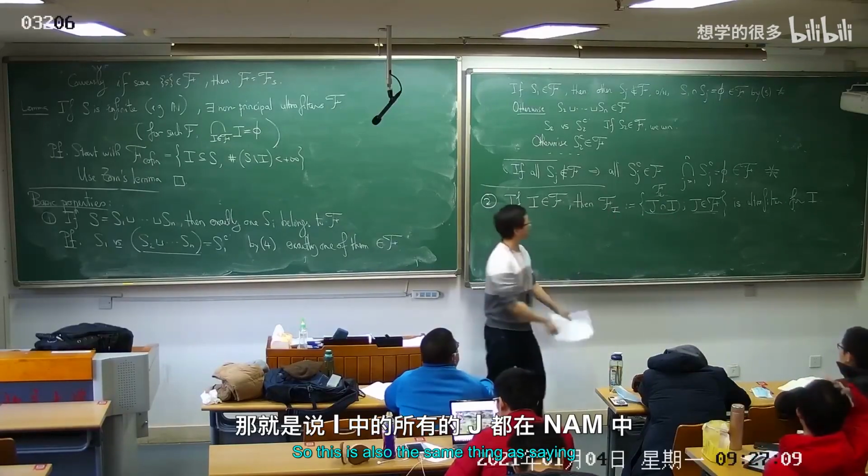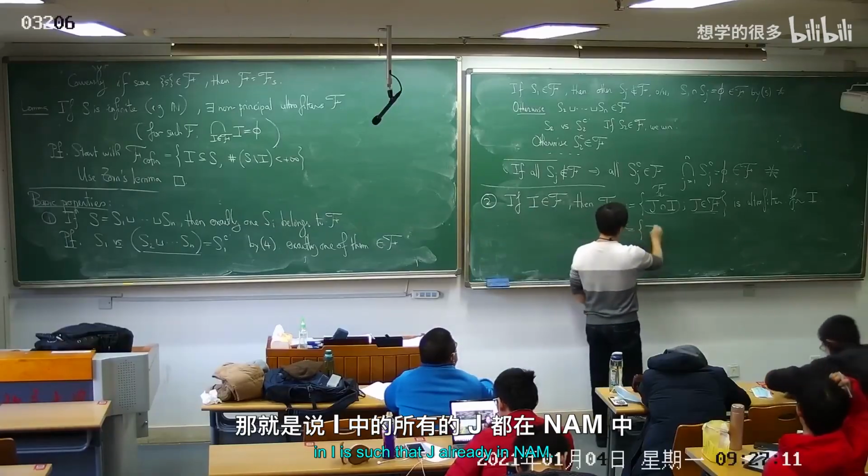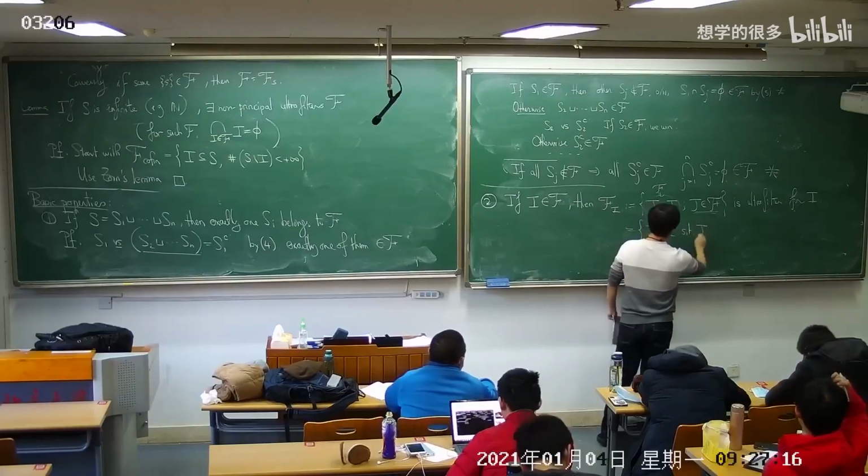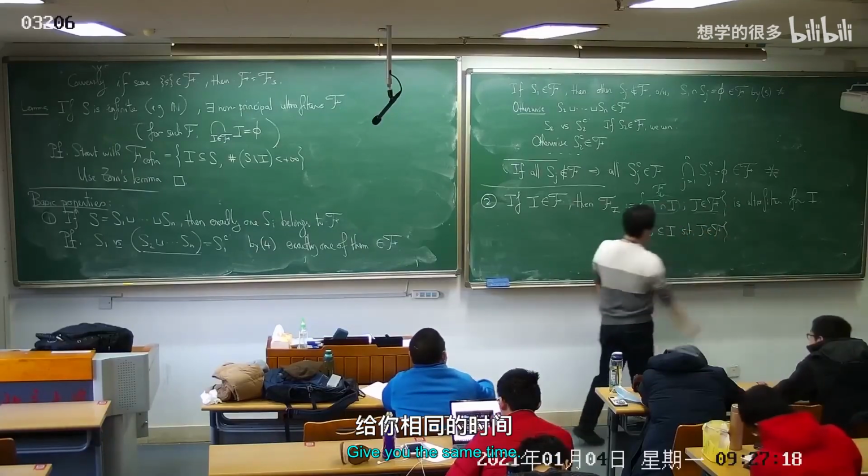So this is also the same thing as saying all the J's in I such that J is already in F. It gives me the same thing.